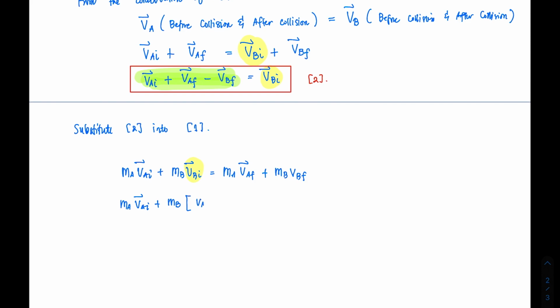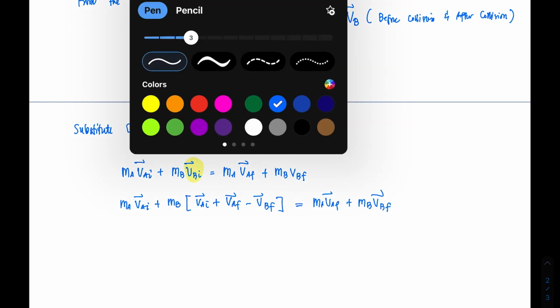VBI is just VAI plus VAF minus velocity of B final is equal to MA VAF plus MB VBF.